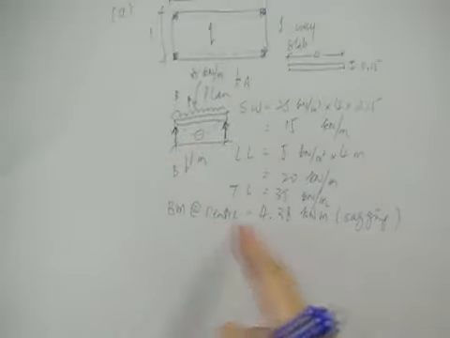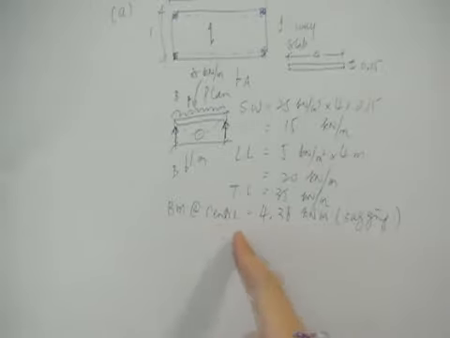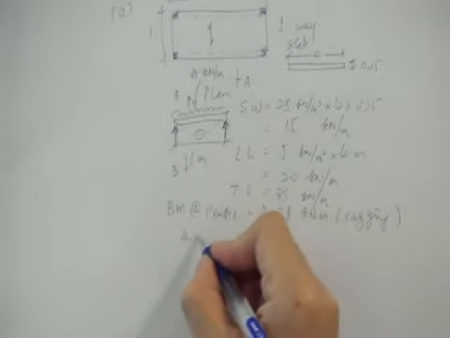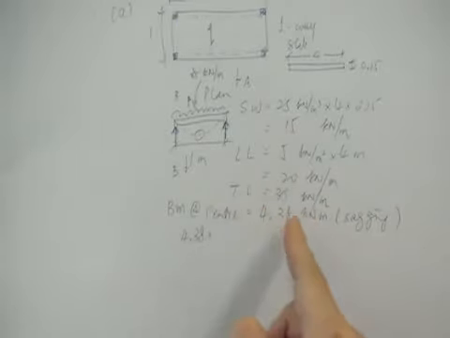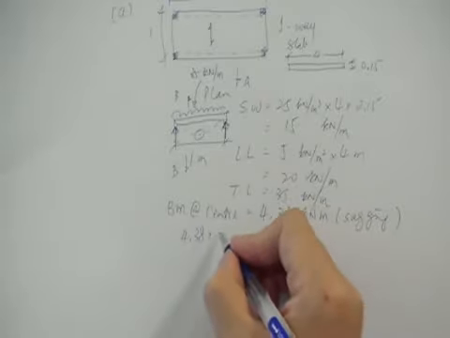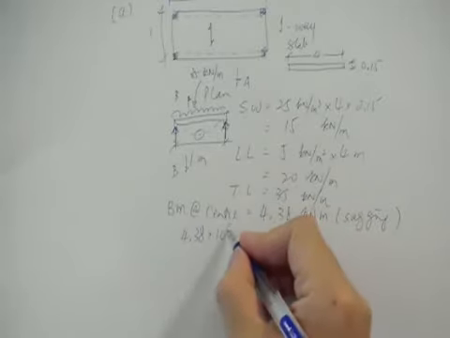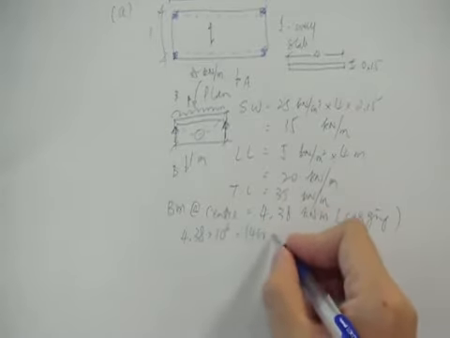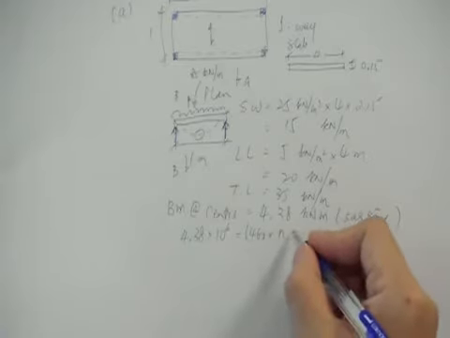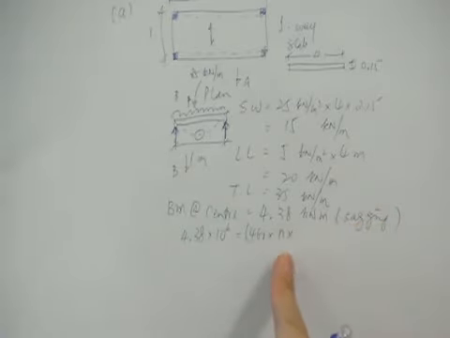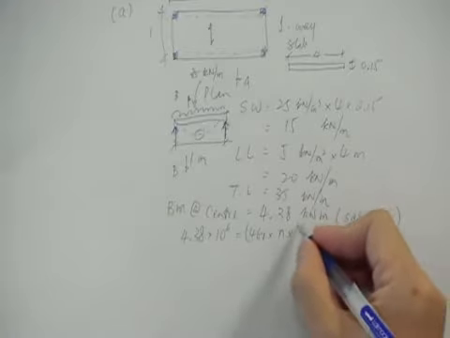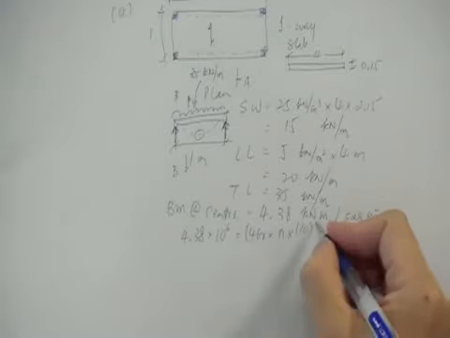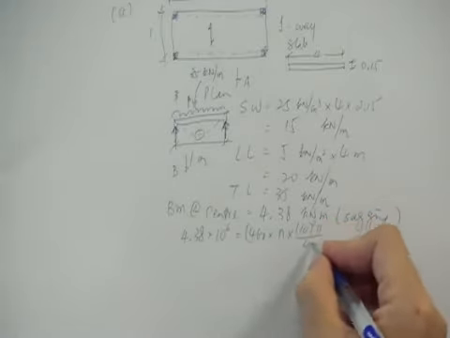And then to find out the number of reinforcement required at the bottom of the slab, you simply equate this moment, changing it to the units of Newton millimeters, so that will be times 10 to the power 6. And on the right hand side, you will have the tensile strength of reinforcement times the number of bars times, let's say you are using T10, diameter 10, so that the area of each rebar is pi d square over 4.